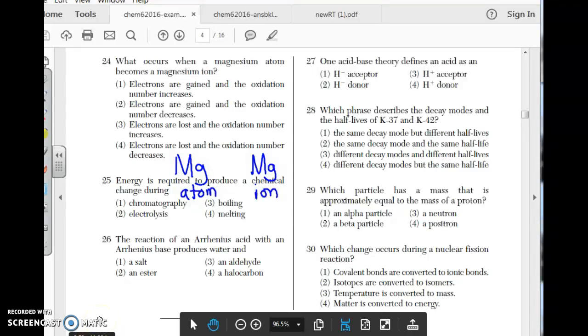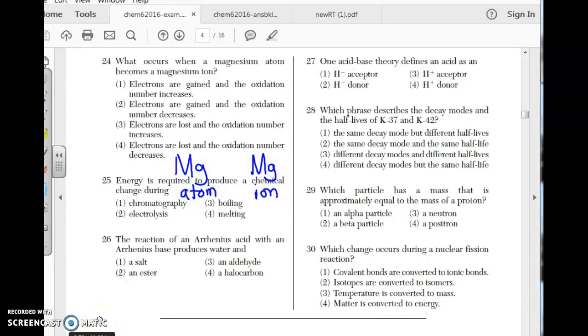Question 24, what occurs when a magnesium atom becomes a magnesium ion? Well, what does it mean to be an atom? It means that you have a charge of 0, an oxidation state of 0. All atoms are neutral. The magnesium ion, well, you can look it up. If you look up magnesium on the reference periodic table, you see that it's a positive 2 charge. So as this happens, I am going from a lower to a higher oxidation state.